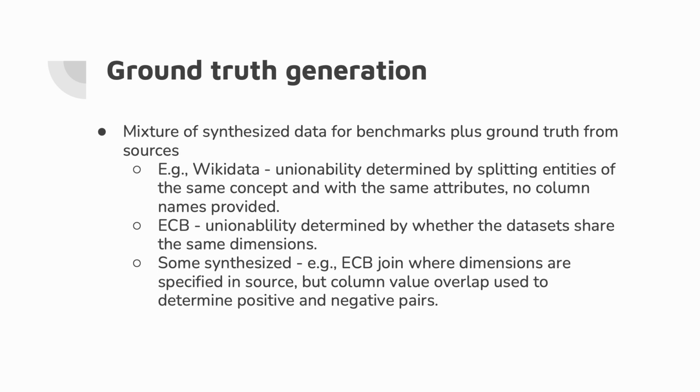In terms of the ECB data, when we were creating unionability, the source itself contains many, many different dimensions, and each data set can share one or more dimensions with other data sets.